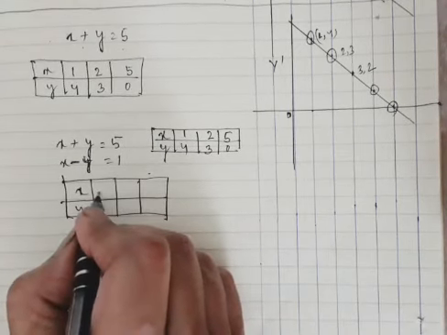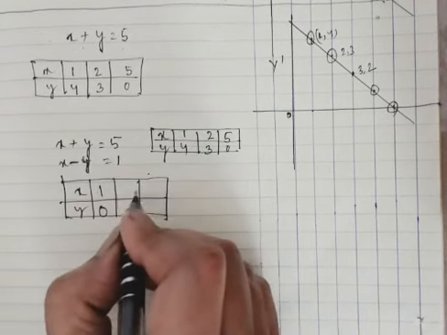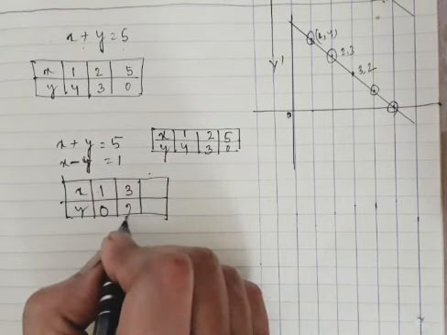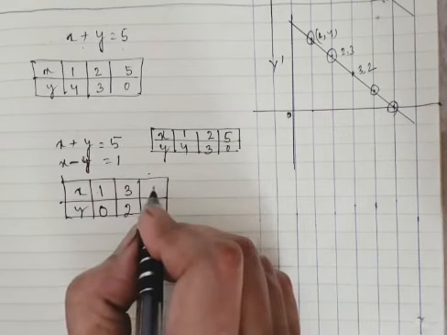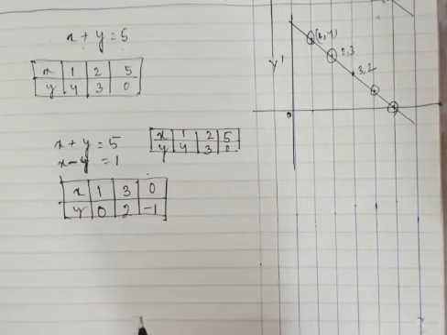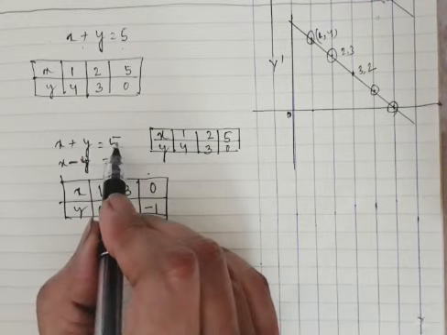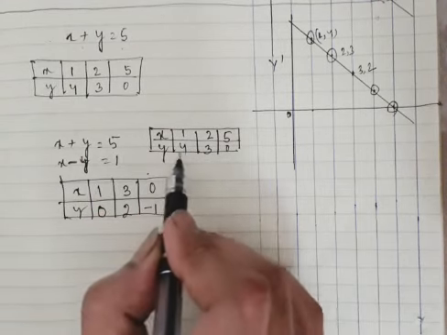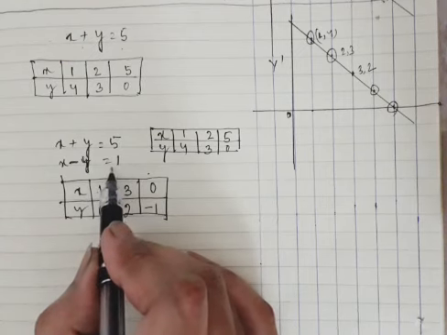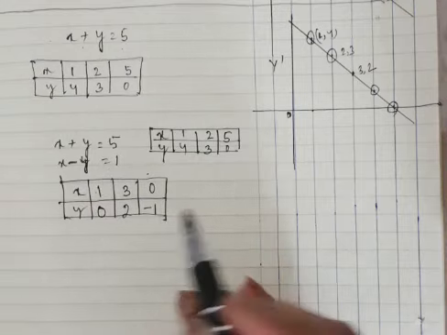Suppose x is 1, y is 0. Suppose x is 3, y is 2. Suppose x is 0, y is minus 1. Now let us draw the graph of the first linear equation using this set of solutions, and also another graph for the second equation using this set of solutions.